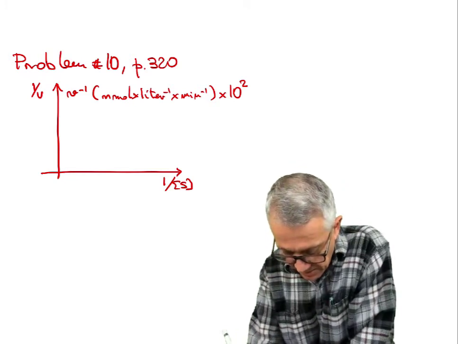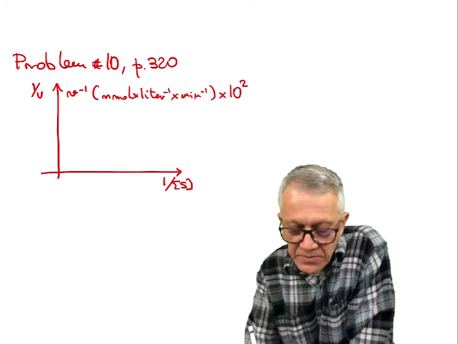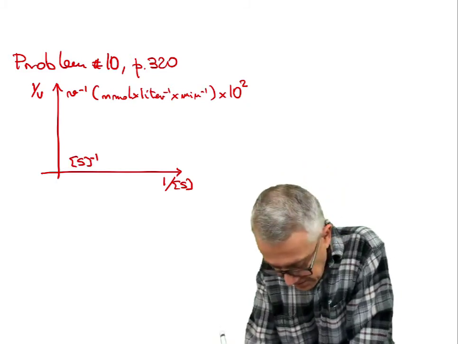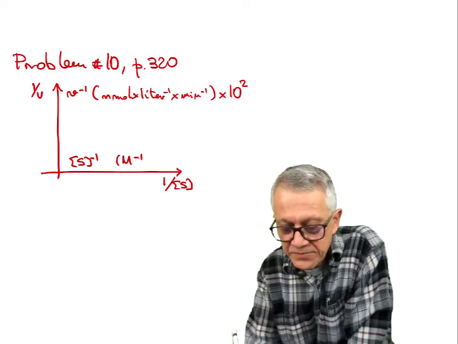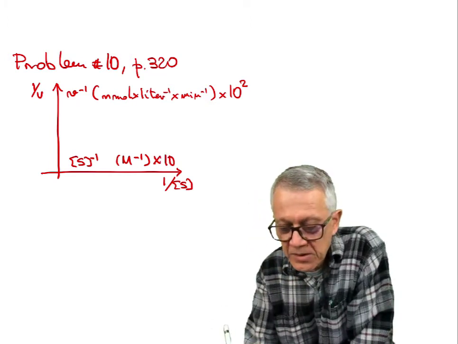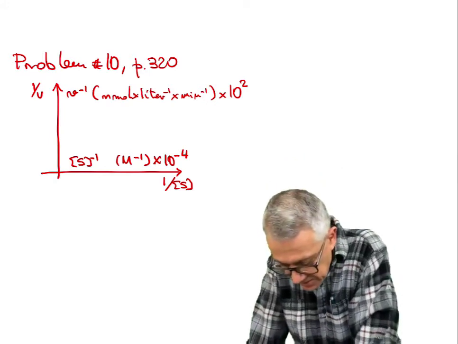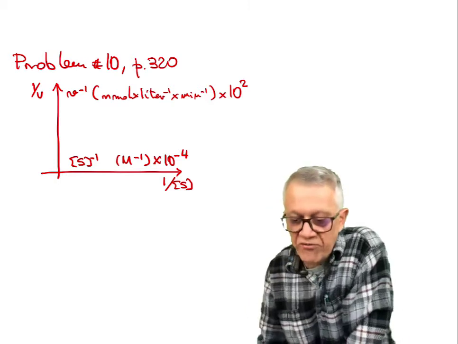And the 1 over S is labeled the reciprocal of the concentration of S, and it's labeled molarity minus 1 times 10 to the minus 4. Okay, and then he says the plot intersects the two axes at 2 and minus 4.